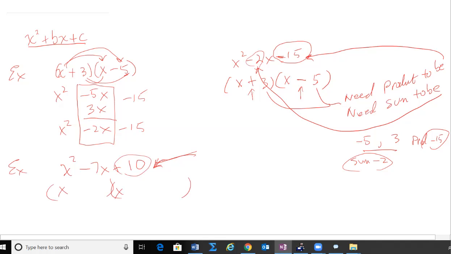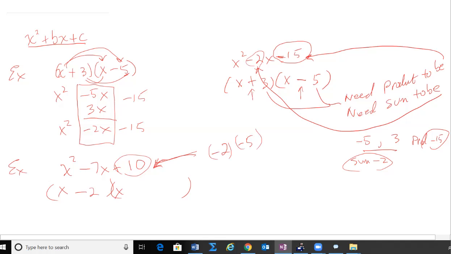So I start off with an x and an x, that's going to be true. Then I think about the two numbers whose product is 10 and whose sum is negative 7. Now I start with what I'm familiar with, the 2 and the 5, for example. 2 times 5 is 10. But I need this to be a negative 7 when I add these up. If I add them up now, there'll just be a positive 7. So let's make both of them negative. Then the product is still 10, but the sum is -7. So these are the two numbers that I use.